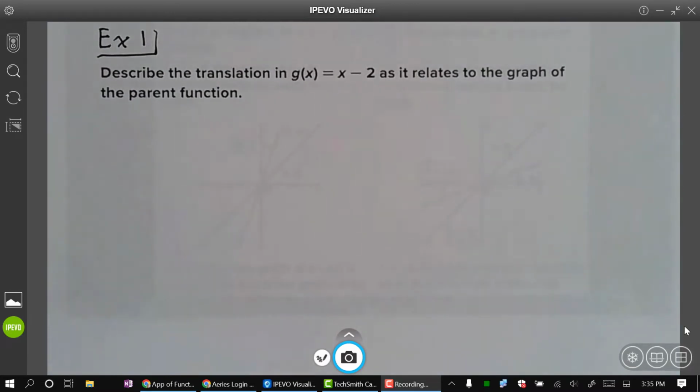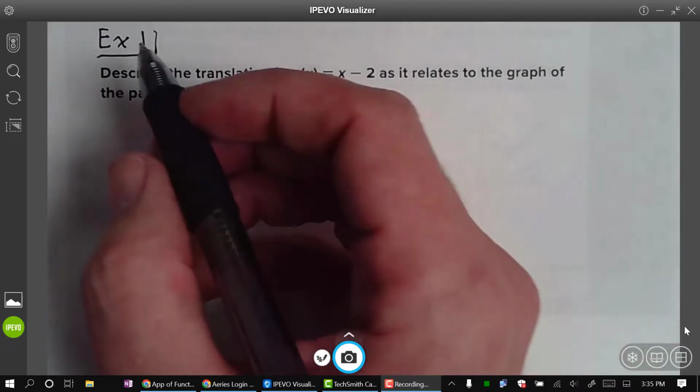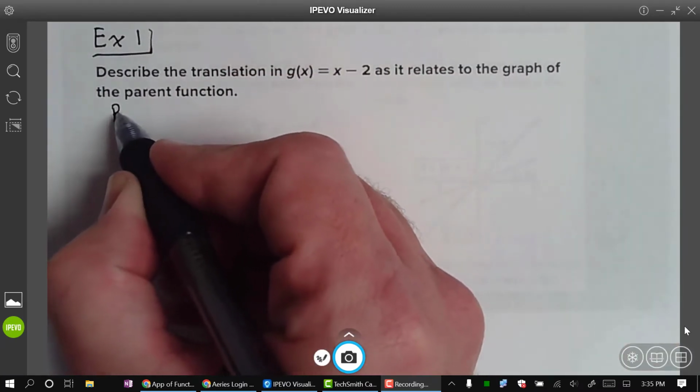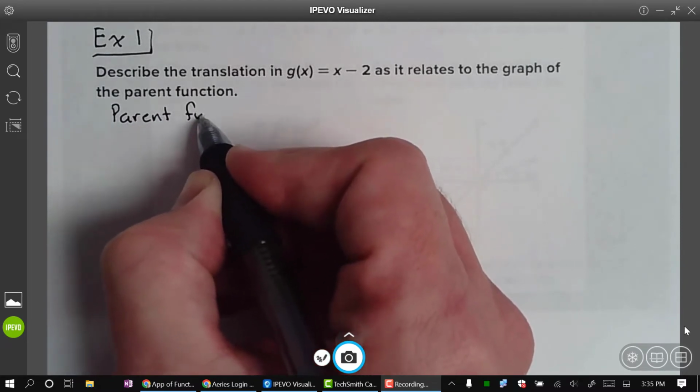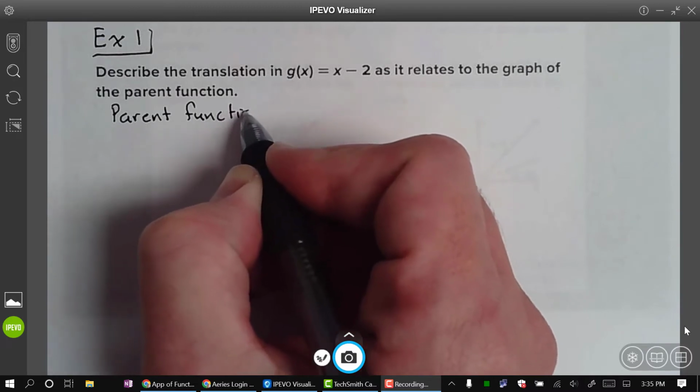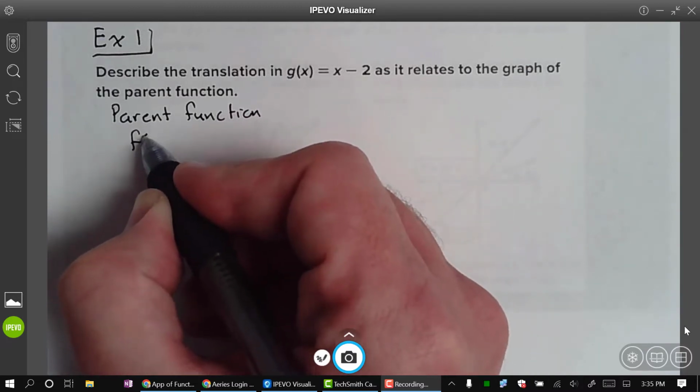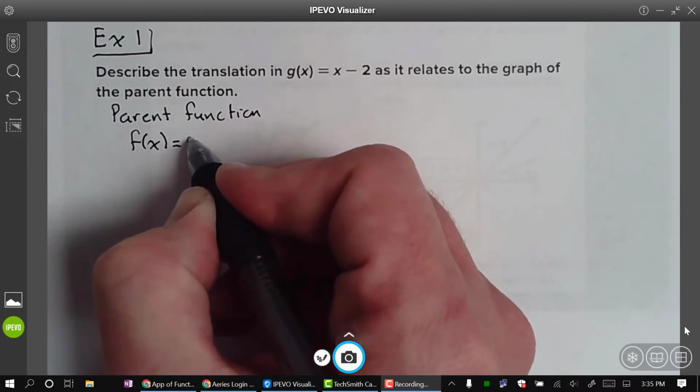I want to describe the translation in g of x equals x minus 2 as it relates to the graph of the parent function. The parent function would just be f of x equals x.